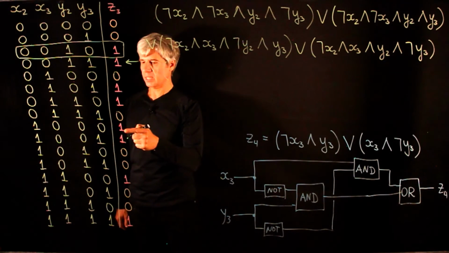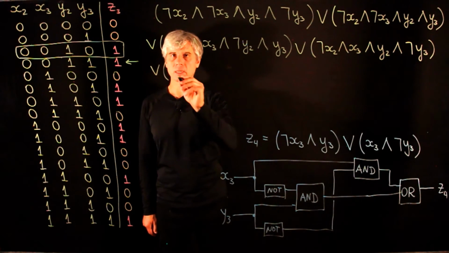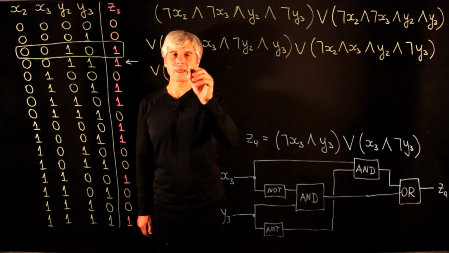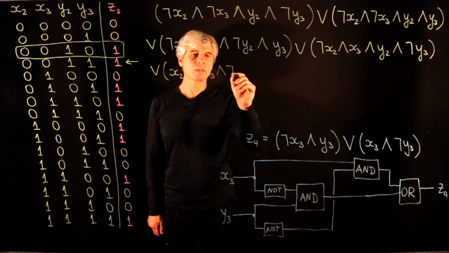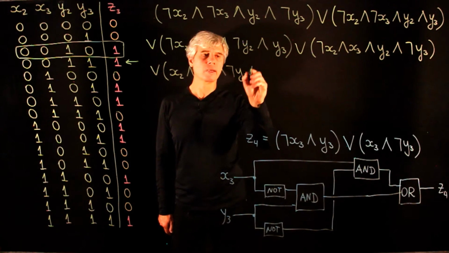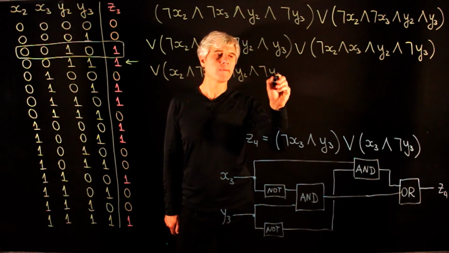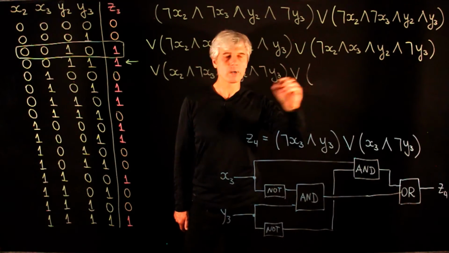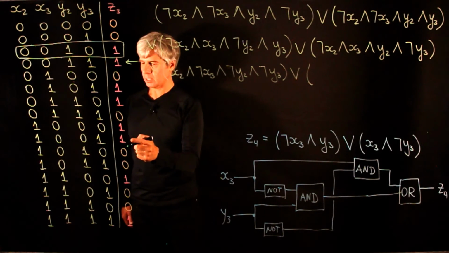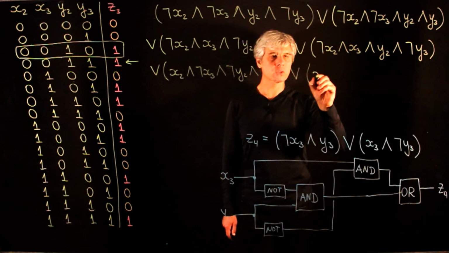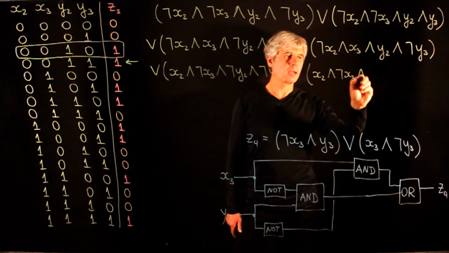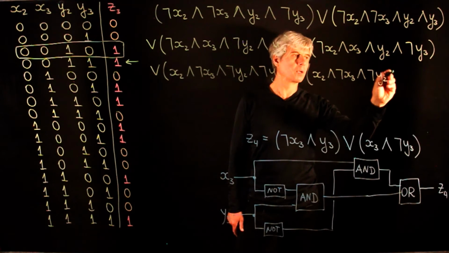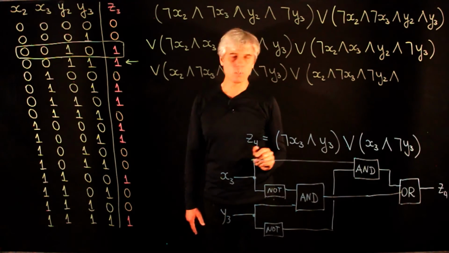Or, the next entry is we have x2 and not x3 and not y2 and not y3. Or, for this entry we have x2 and not x3 and not y2 and y3.